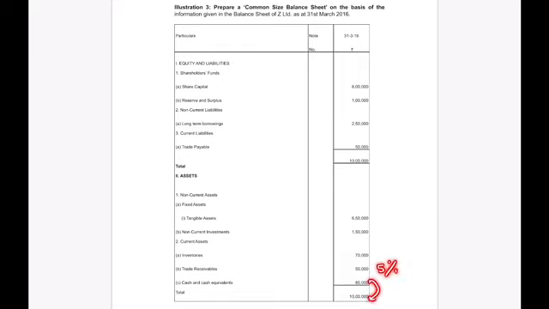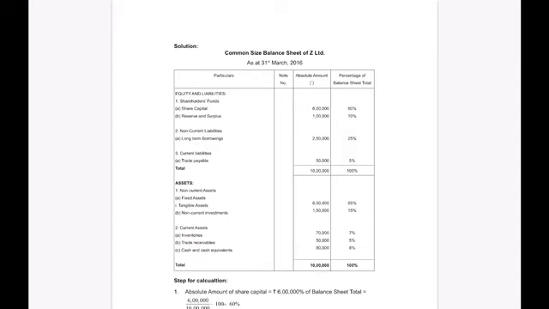And 80,000 is what percent of 10 lakh? 8%. So 65%, 15%, 7%, 5%, 8%, and the total comes to 100%. Just see the solution.